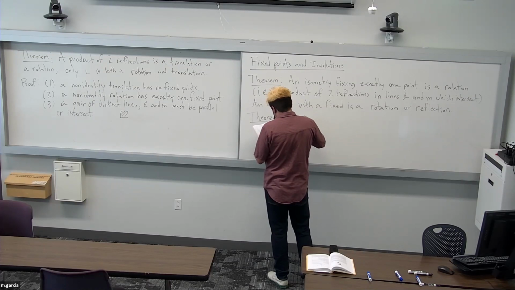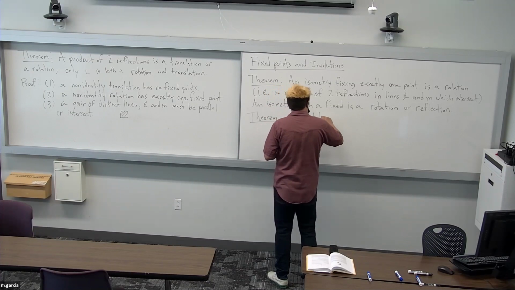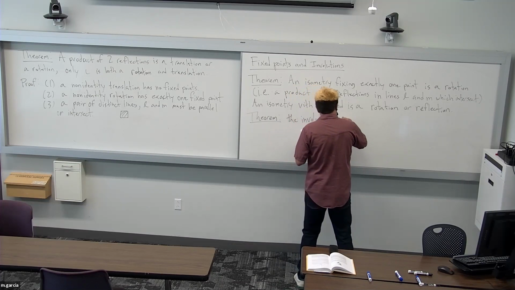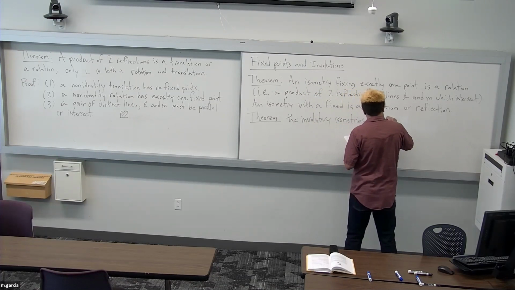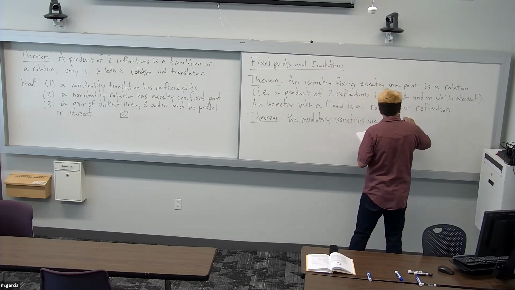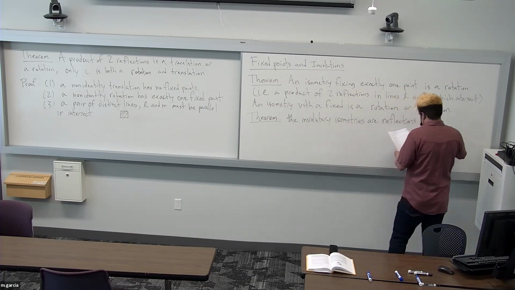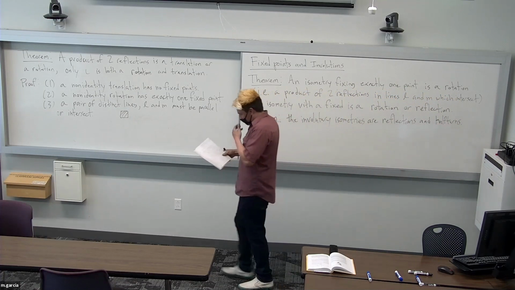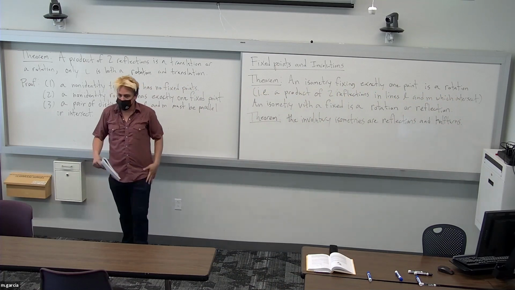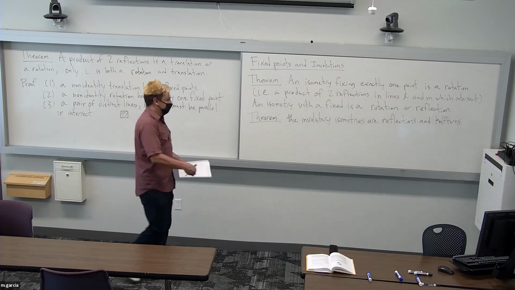We also know that the involutory isometries are reflections and half-turns. Okay, so this actually takes a little bit more to say.